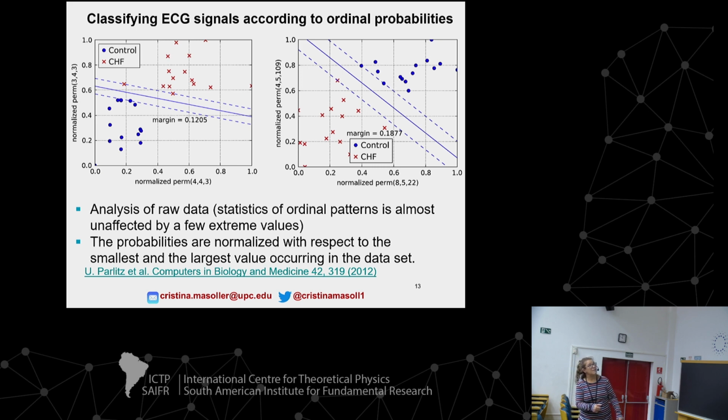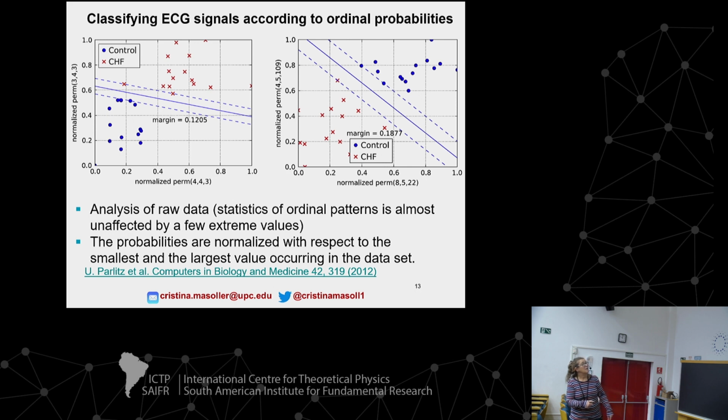So basically you can separate these two groups just analyzing the raw data. Because this type of analysis is unaffected by extreme values or outliers, because they only affect one pattern, and we don't take into account the actual values, if there are errors in the values, this technique is very robust.